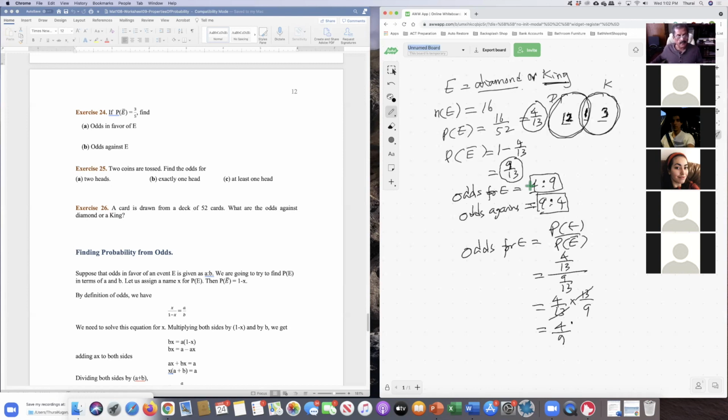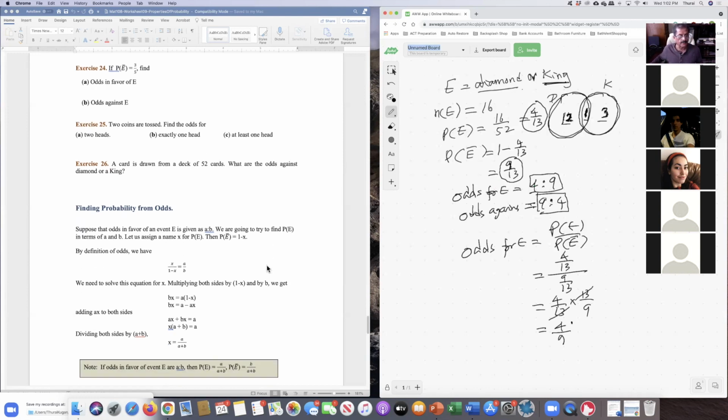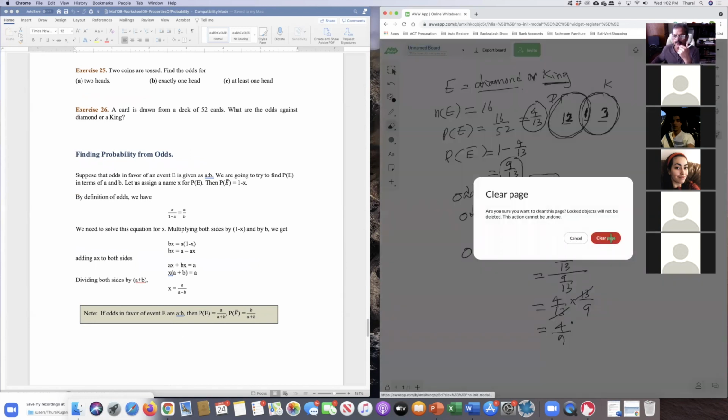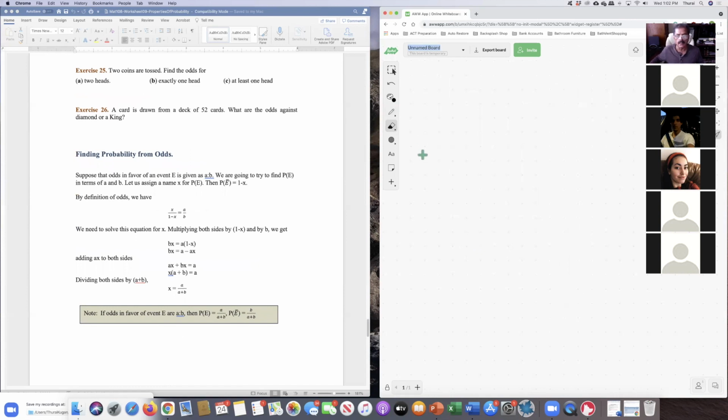All right, so now I'm going to have to do a little theory here, because the next question is about finding, going the opposite way. If they give you the odds, how do you find the probability? That's the question next.